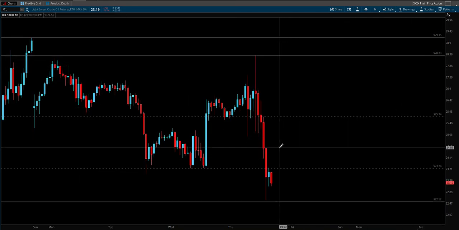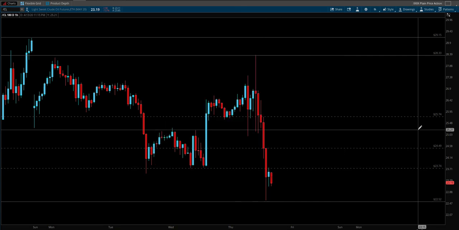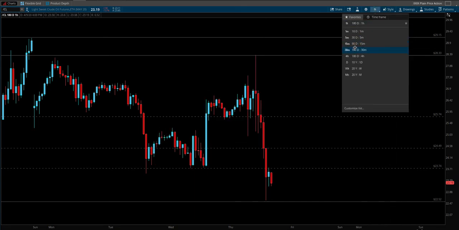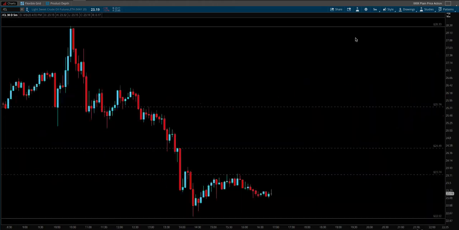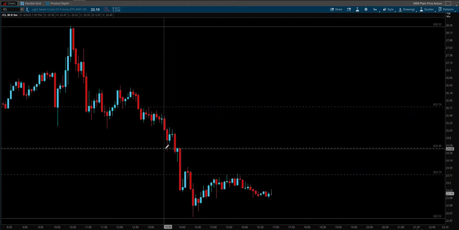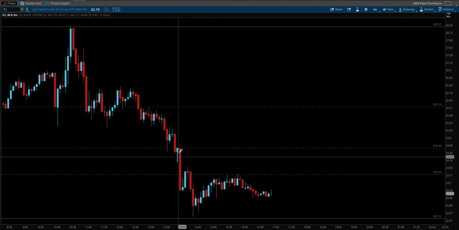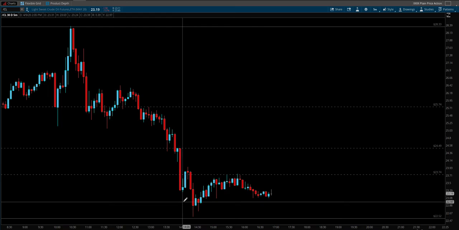And now this level here could be a little short-term resistance because this was the high and it couldn't get above it. So you can walk that on a lower time frame as well. And if you went down to like a 5-minute, let's say, you'd see it was support, then it broke, became resistance, and got resistance again, and then broke down.